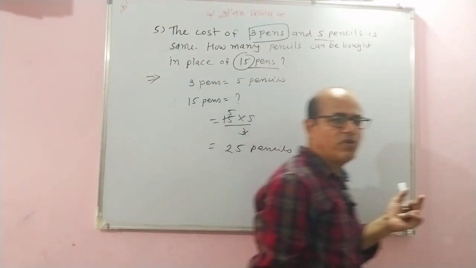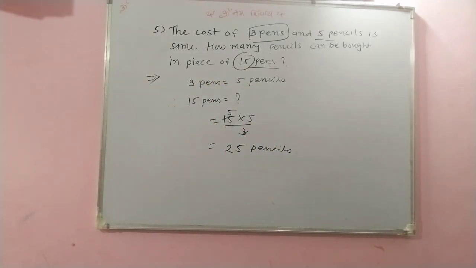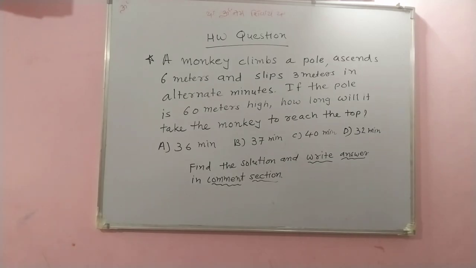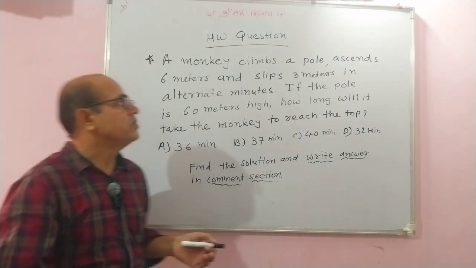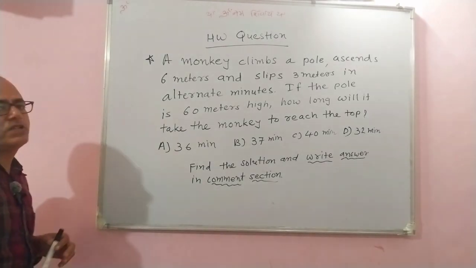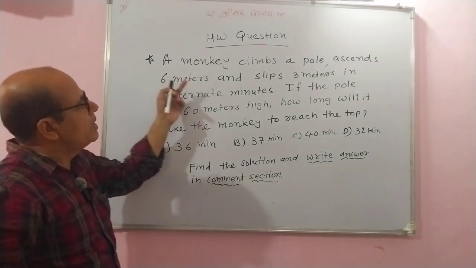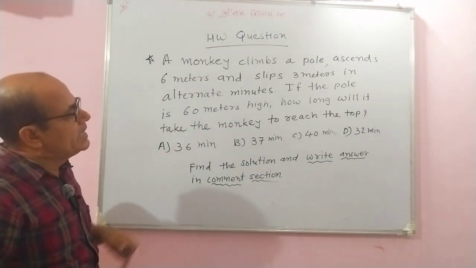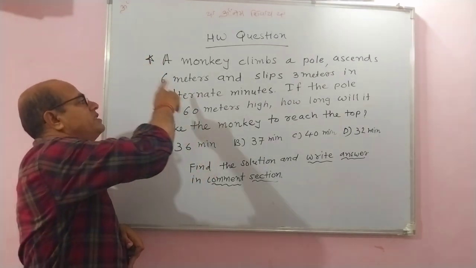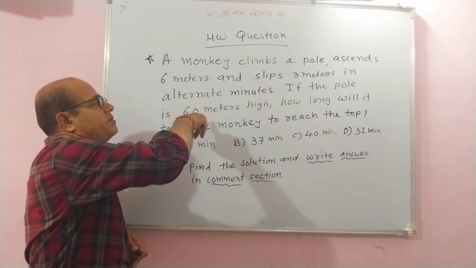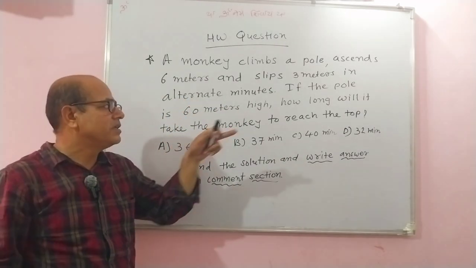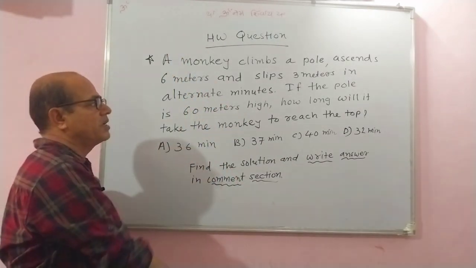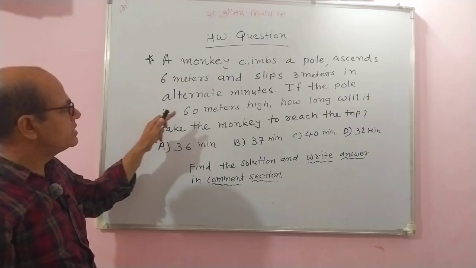Okay, now going for homework. Now see the question for you. So what is the question? Homework question. A monkey climbs a pole, ascends 6 meters and slips 3 meters in alternate minutes, right? He's going up and he's coming down. The pole is 60 meters high.